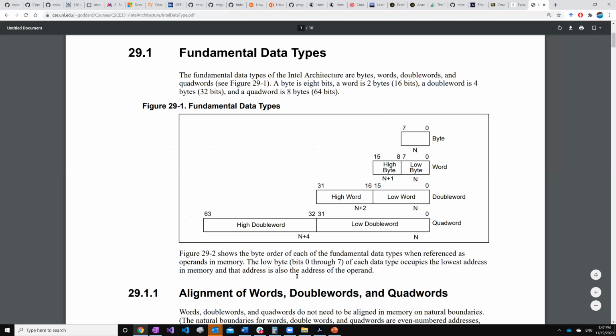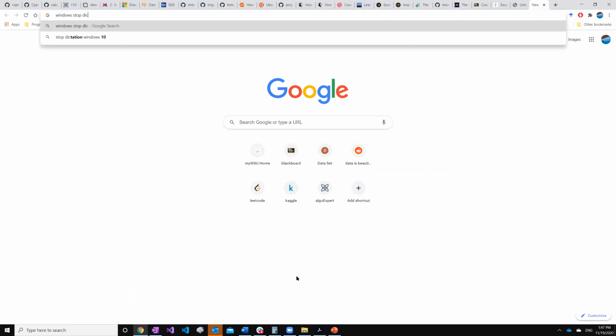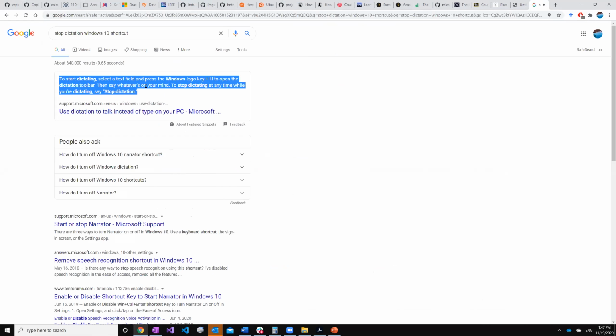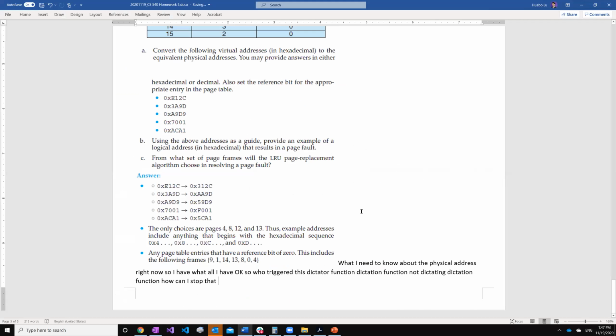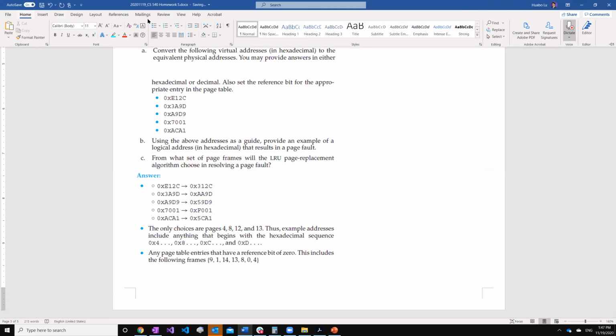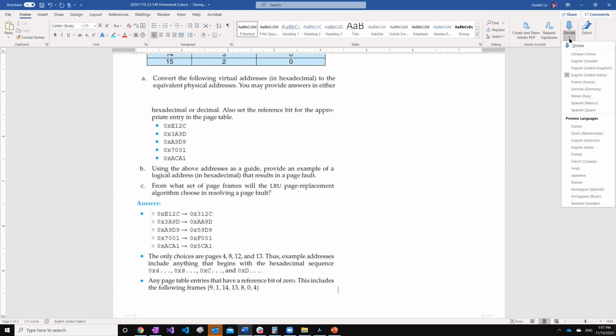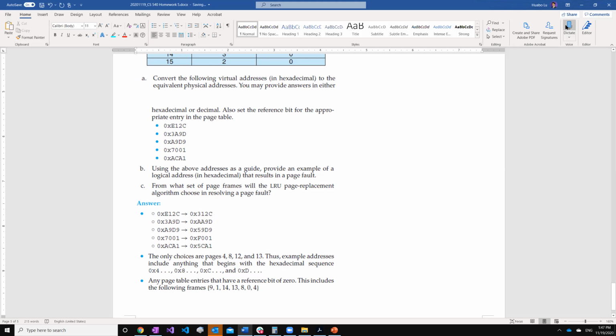I know I hit a key, but stop dictation. Here we go. What is the shortcut so that I don't press it again? Alt and this key.